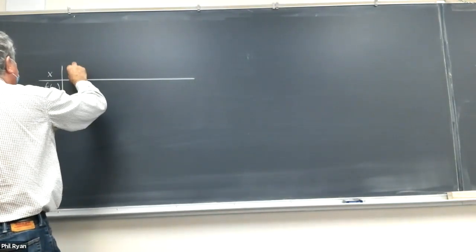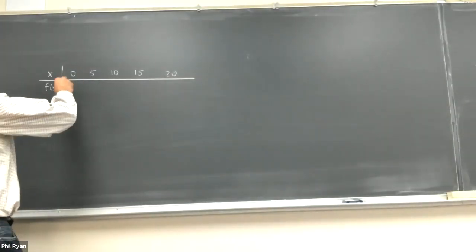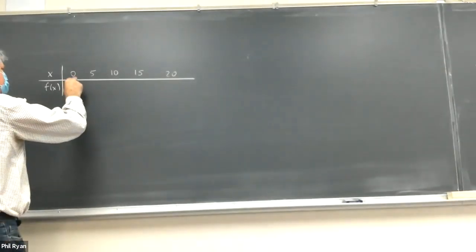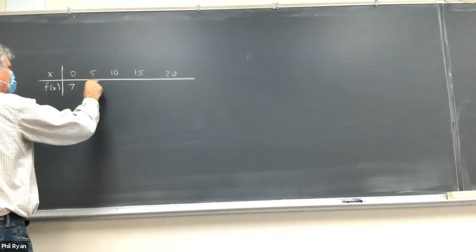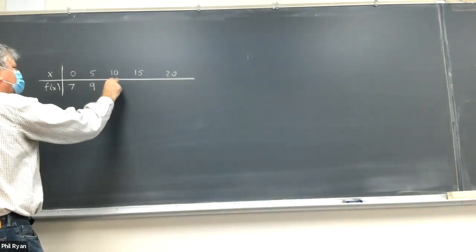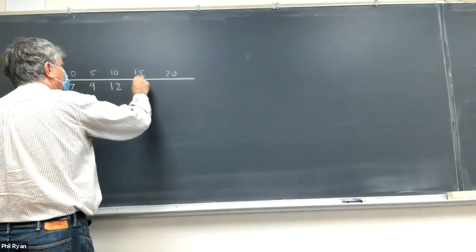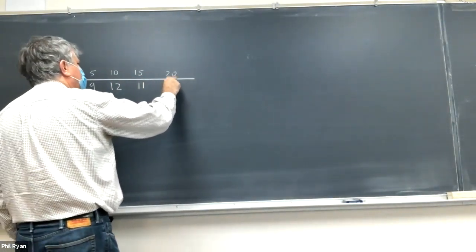And let's just say x is 0, 5, 10, 15, 20. That's enough. Okay. And let's just say I'm just making these numbers up. So let's say f of x is 7, 9, 12, 11, 6.